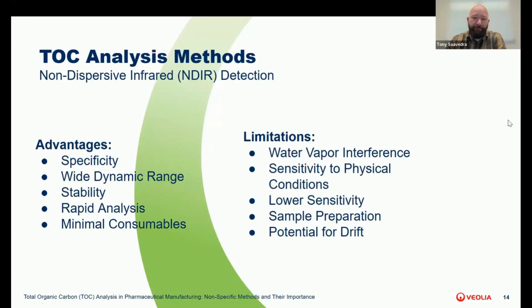Sample preparation and possible drift are two other limitations to keep in mind. In order to minimize water vapor interference, samples often need to be dried or dehumidified before analysis, which can add complexity to the process. And over time, the infrared source and detector can experience a drift, necessitating regular calibrations to maintain accuracy.